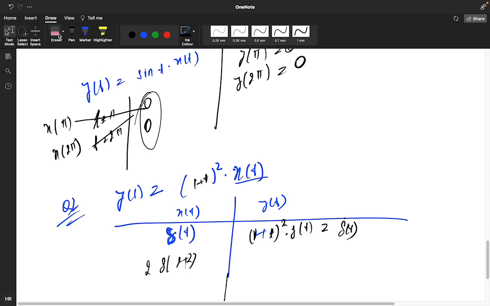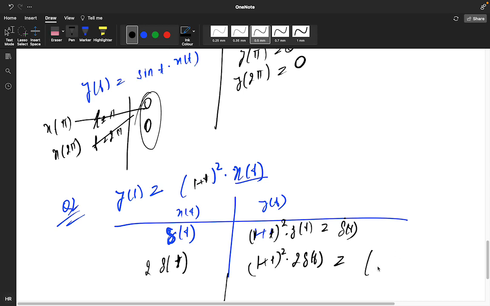Let's take 2 delta t as the input. So what will be the output? (1 plus t) the whole square into 2 delta t. So what will you get?